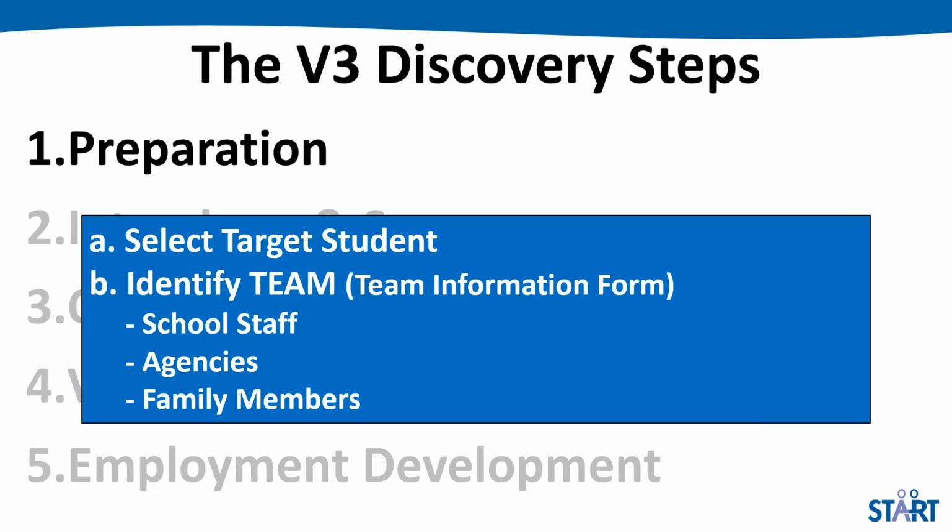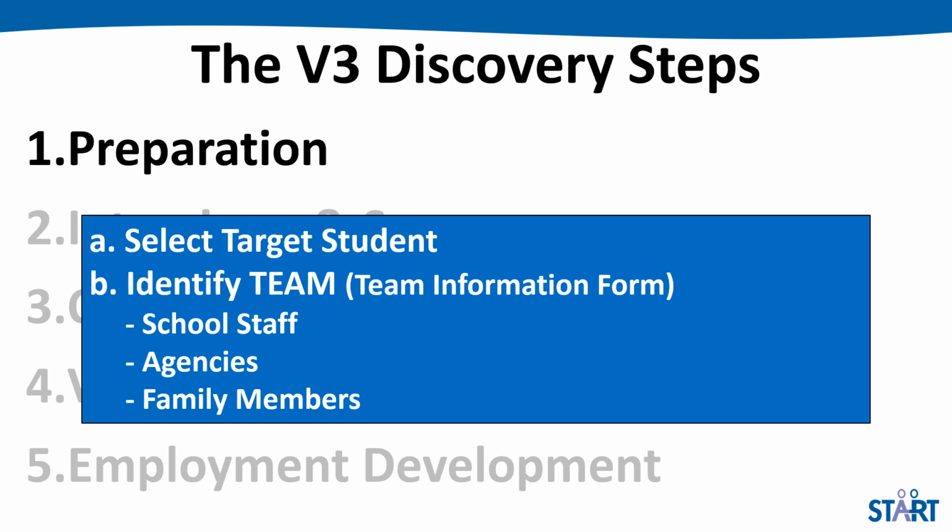So the first couple sub-steps in the step of preparation is selecting a target student and identifying the team to help support the process. If you are doing this as part of a professional learning, then you're selecting a target student and putting a team together to practice the process.